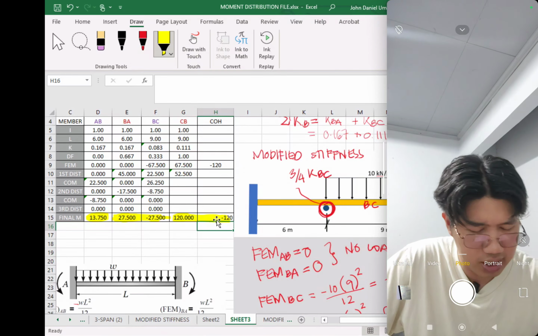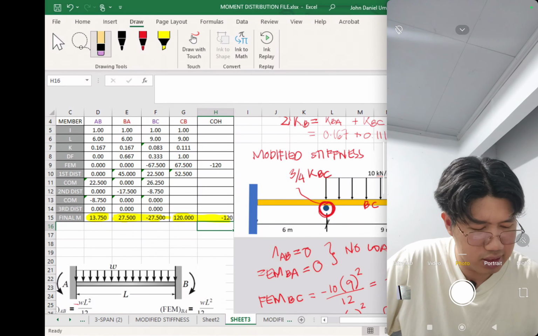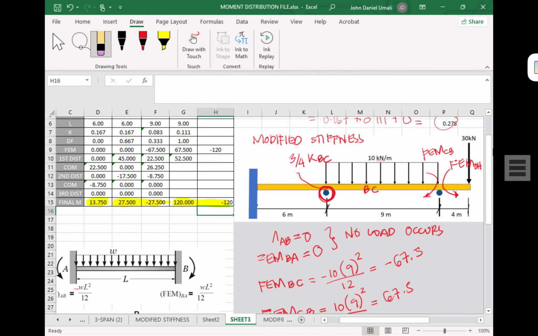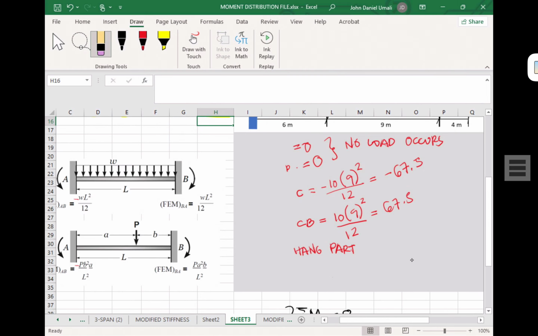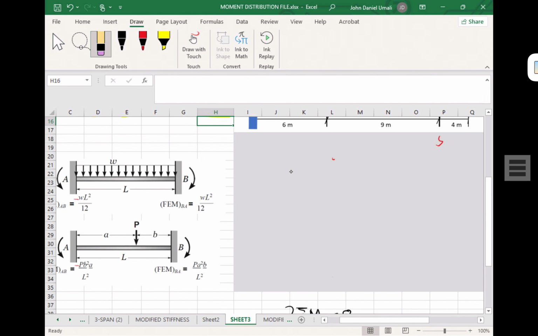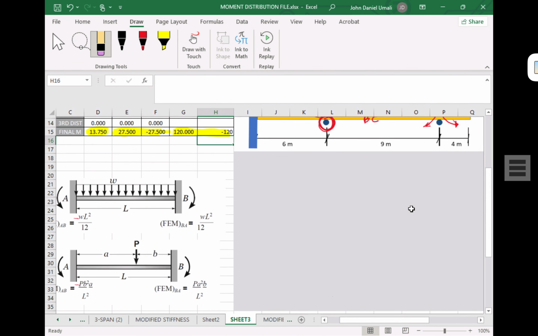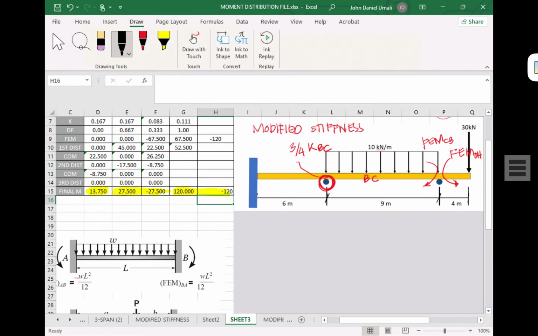And then, siyempre, the next part of the analysis is do a section analysis. So, do the section analysis, the next step. Hindi ko na siya papakita in detail.